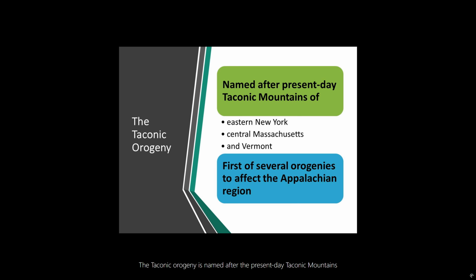The Taconic orogeny is named after the present-day Taconic Mountains, spanning eastern New York, central Massachusetts, and Vermont. This is the first of the orogenies to affect the Appalachian mobile belt in North America.